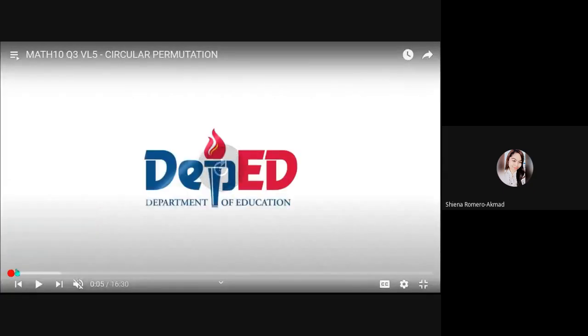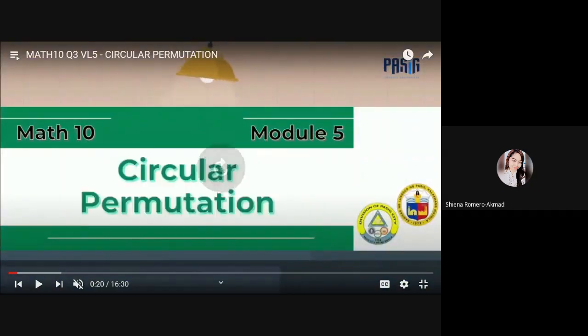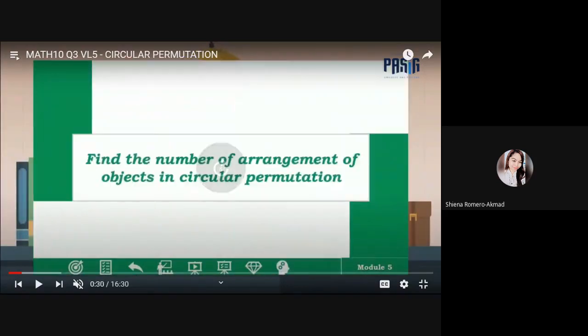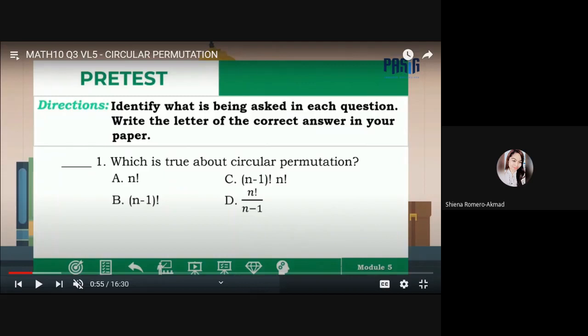So for circular permutation, your goal here is for you to find the number of arrangement of objects in circular permutation. So let us have first the pretest, or let us just proceed to the lesson itself, because I know that most of you will not answer.